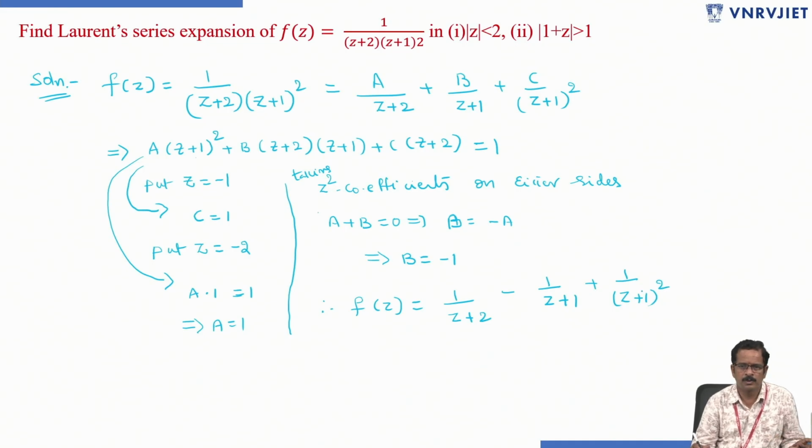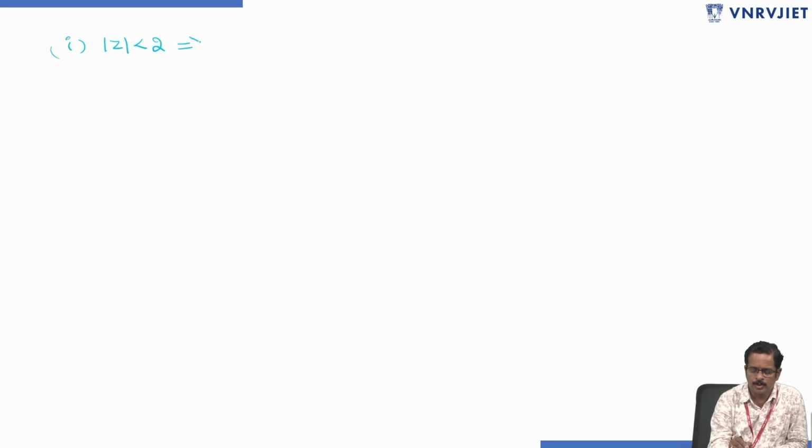Now the first case is mod z less than 2. We have to evaluate the Laurent series for mod z less than 2. Mod z less than 2 means we need to write mod z by 2 less than 1.